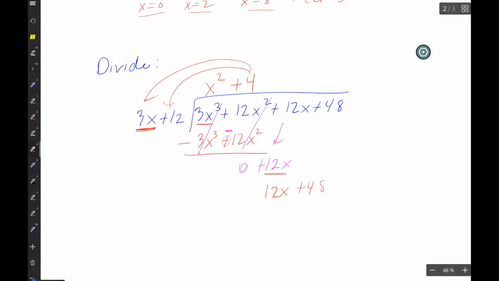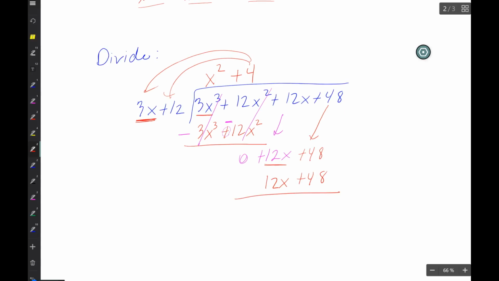I guess I should have brought down this guy too. And now what do I do? Subtract, good. Subtract, subtract. And then what's 12x minus 12x? 0. And then what's 48 minus 48? 0. So that's our remainder. So our answer is x squared plus 4 with a remainder of 0.